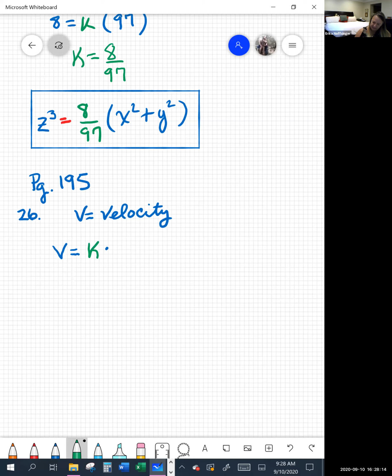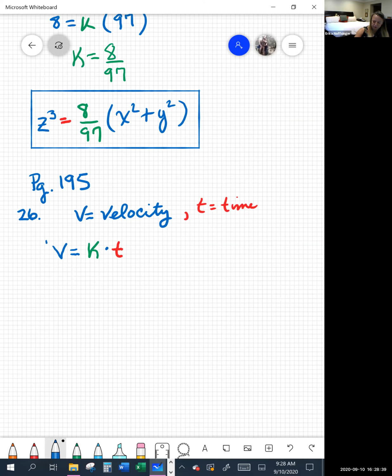So we're going to let t equal the time the object falls. And so directly proportional was times t. Okay, so there is our generic equation.